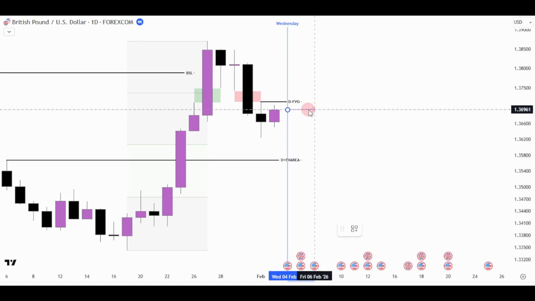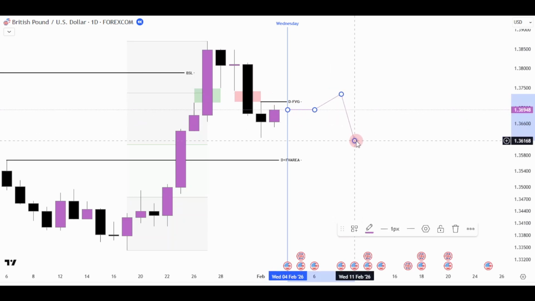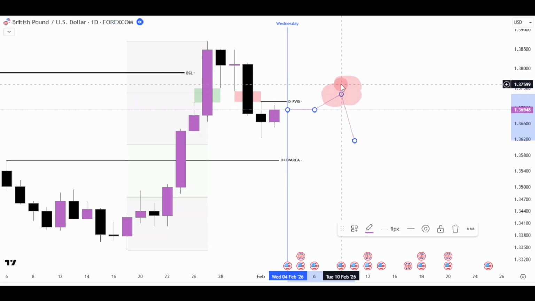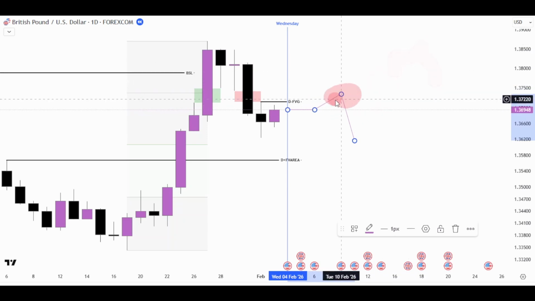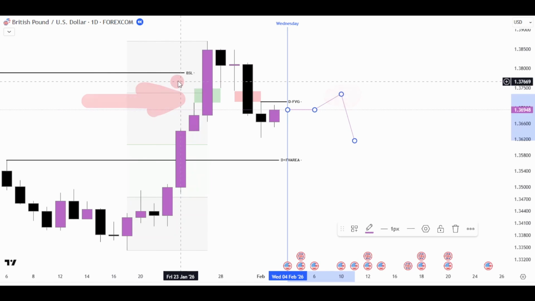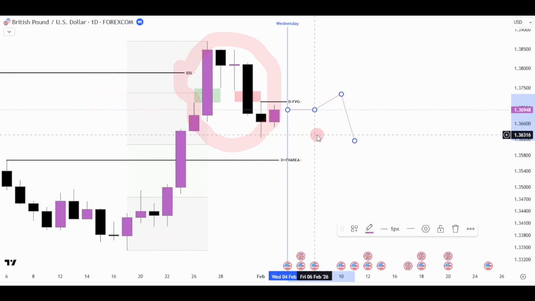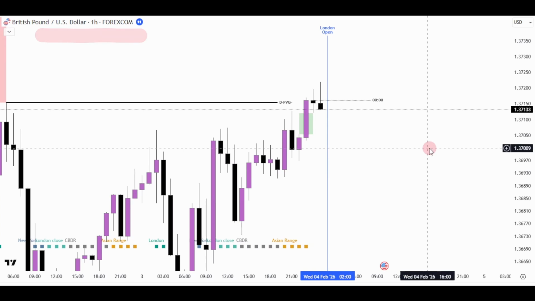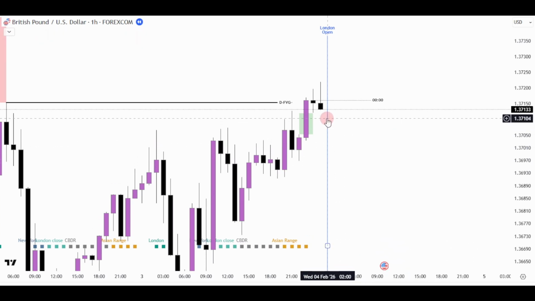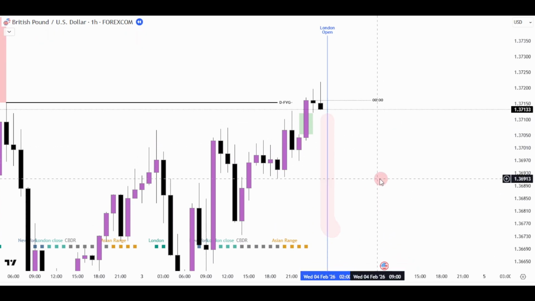And just like we did on euro, touch into daily bearish fair value gap, then switch to lower time frame, then wait for the reversal model. Yes, we should find something that looks exactly like this. So let's see it. Quickly going over the 1 hour chart, it's the same deal. London Open coming up. You know what to do.